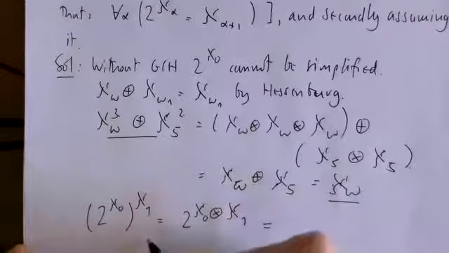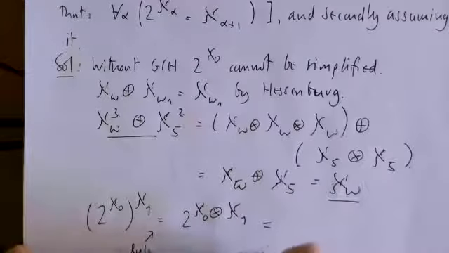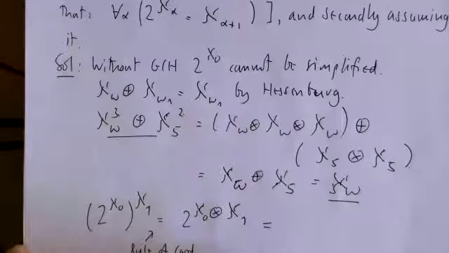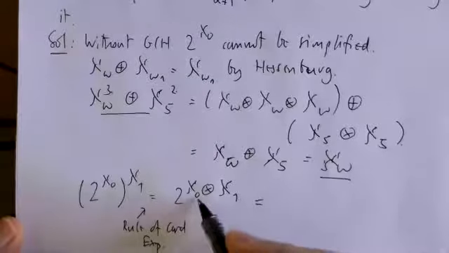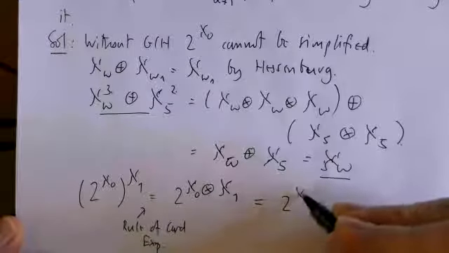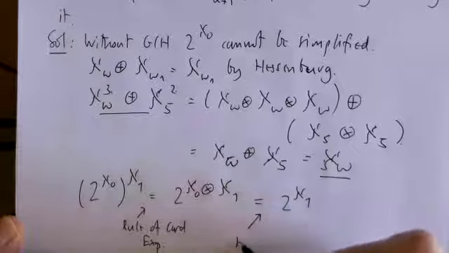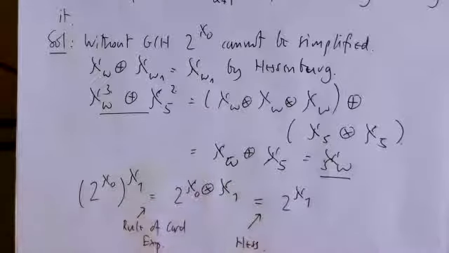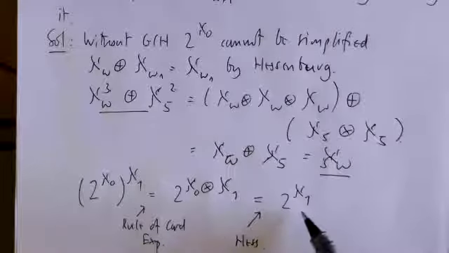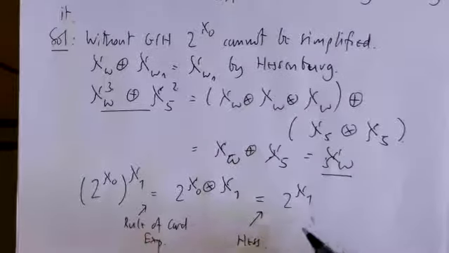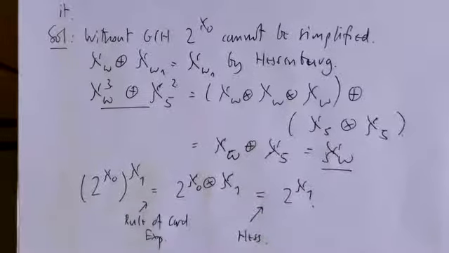And so this is just a rule of cardinal exponentiation. This is the larger of the two. So I'm using Hessenberg. And now, as it were, I'm stuck. I don't know anything more about this without assuming the GCH.